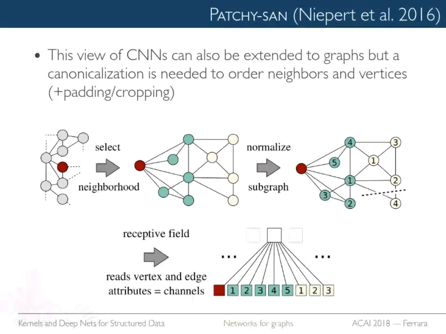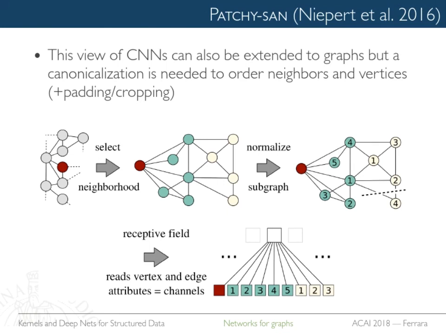And then they do some normalization. What they mean by normalization is not just dividing by the norm. Forget it. Normalization for them means that you have to find an ordering. That's tricky. And then you have to truncate, maybe, if you exceed the maximum length. Like I mentioned before for recursive neural networks, you might have to truncate. And they construct the receptive field in this way.